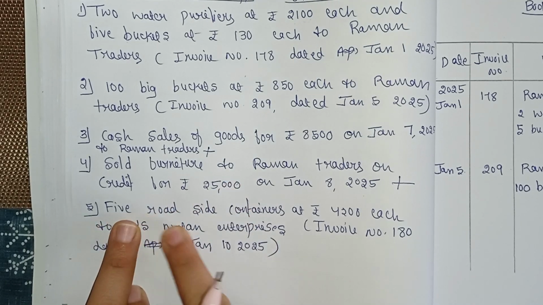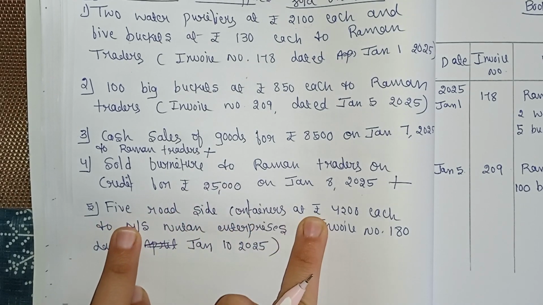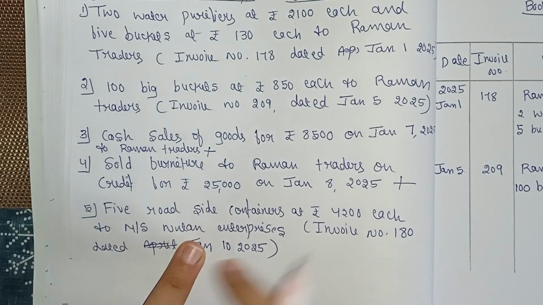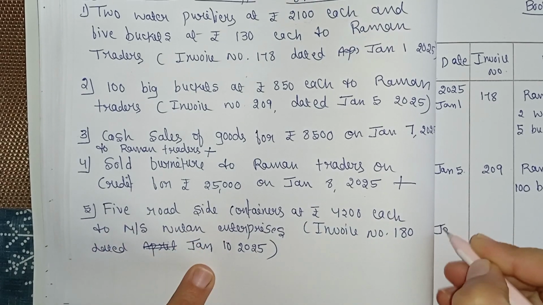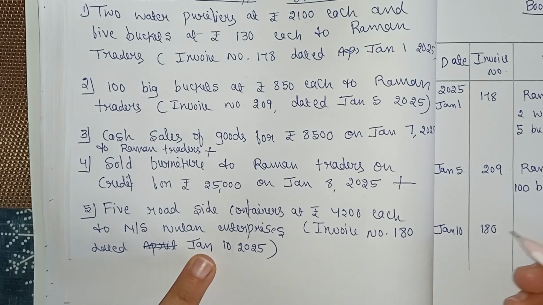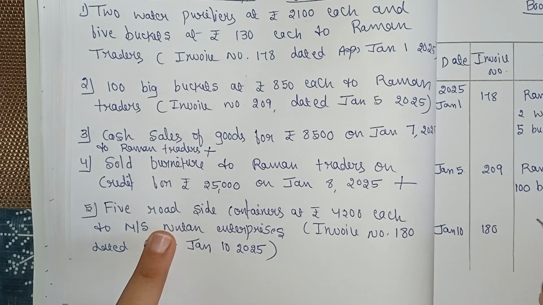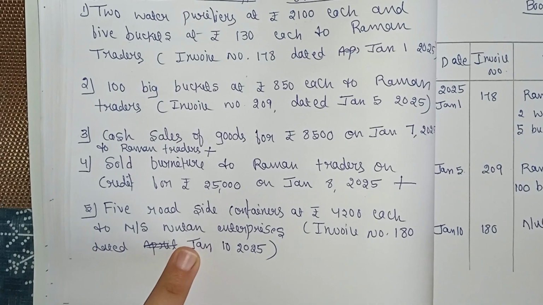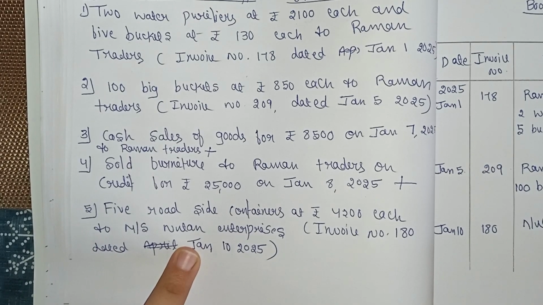Next one, 5 roadside containers at rupees 4200 each to Nutan Enterprises on Jan 10th, invoice number 180. Customer name: Nutan Enterprises.